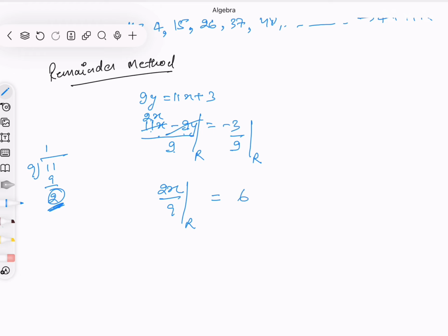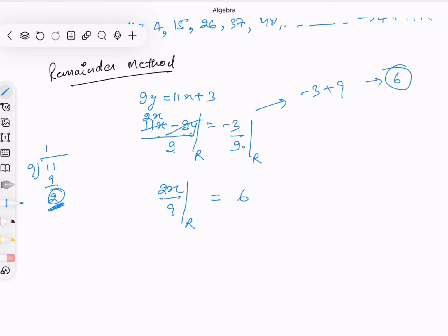If you don't know how, look, you have minus 3. Since it is negative, I'm going to add the denominator value, plus 9. So this will be 6. Whenever you see a negative value, just add the denominator value to that. So now I will have 6.